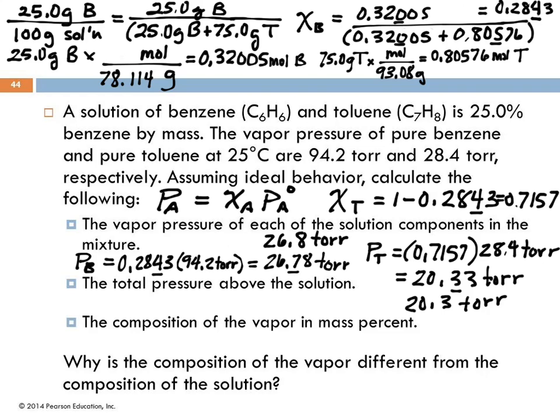What's the total pressure above the solution? We're assuming ideal behavior. It's going to be the sum of the two vapor pressures.